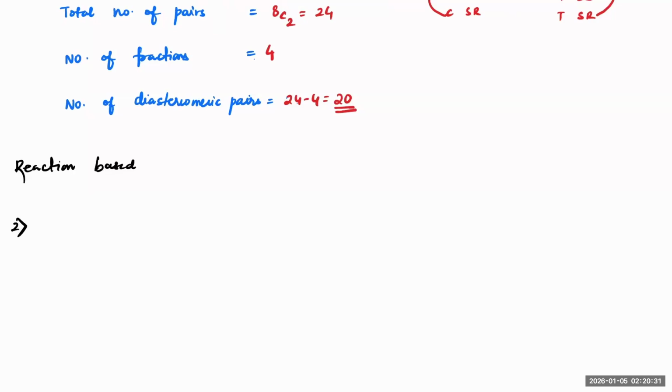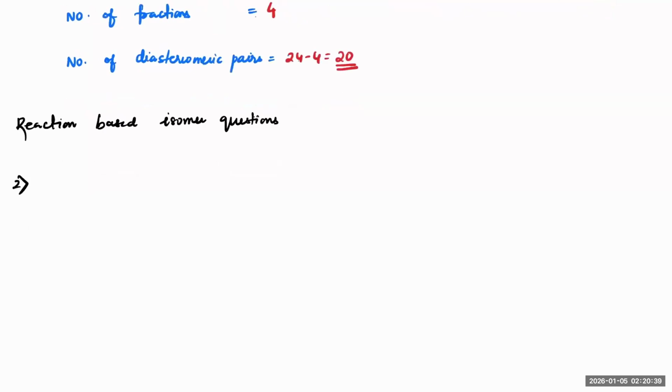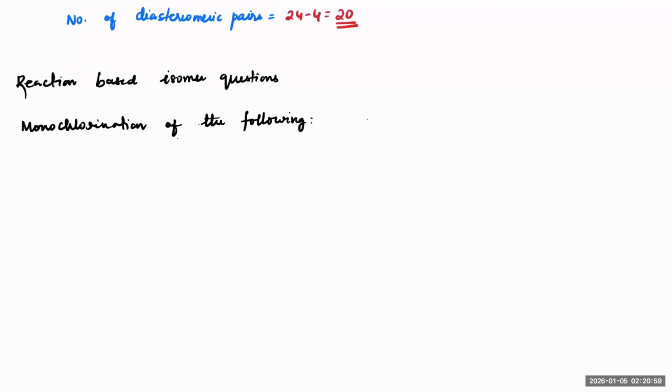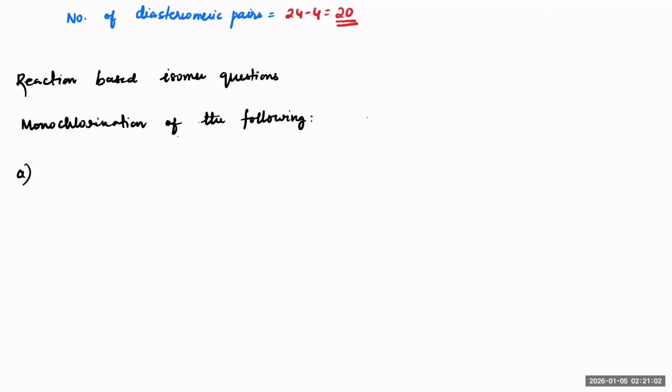In this case, what we'll try to do is monochlorination of the following compounds, and using the monochlorination, like this we have, monochlorination with Cl2 and H nu.